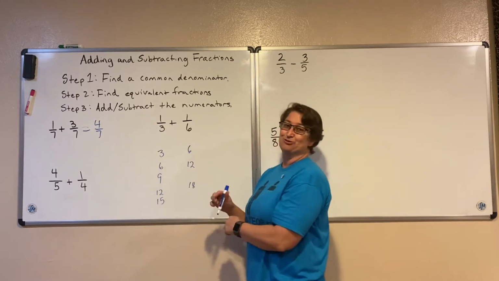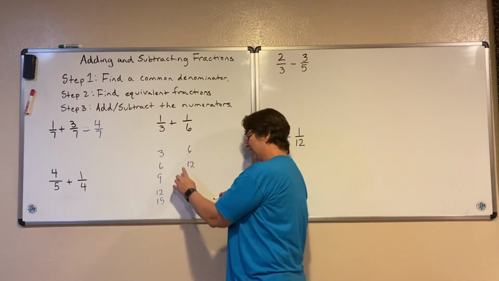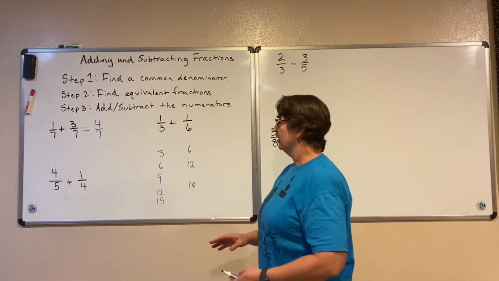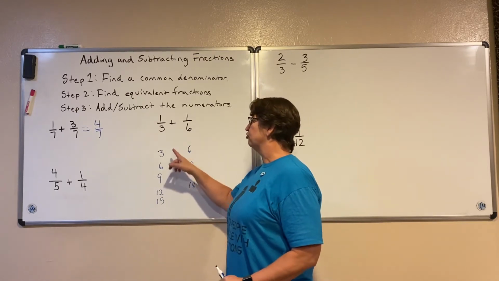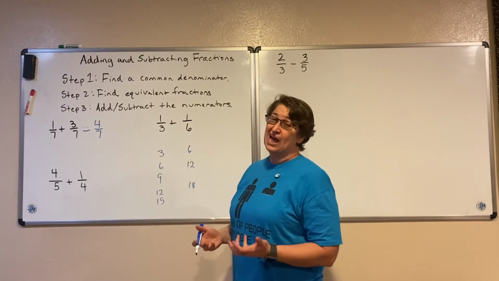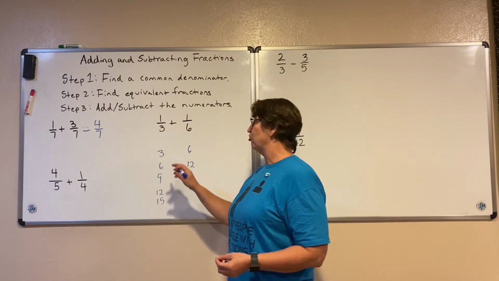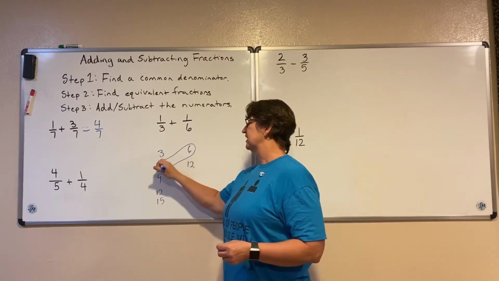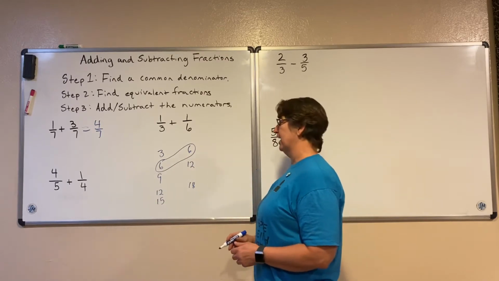So no, we can't use 15. We can use 6, 12, we could use 18 because that's also a multiple of 3. So you're looking for a multiple of 3 and a multiple of 6. But we would really like to use the smallest of those, or the least common multiple. So I'm going to use 6 as my common denominator.